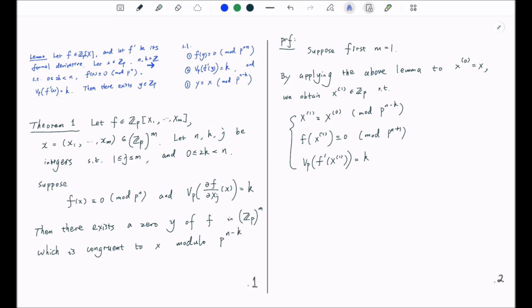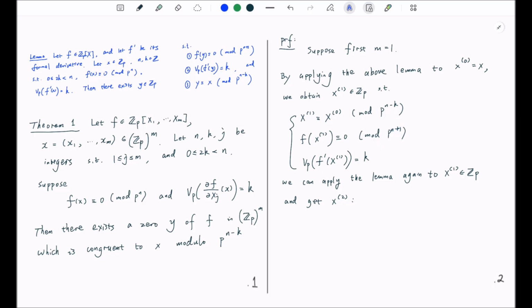And now we're going to apply this lemma again to x superscript 1. And we obtain x superscript 2. But here is a little subtlety. When we change from x superscript 1 to x superscript 2, remember this x1 satisfies that f of x superscript 1 is congruent to 0 modulo p to the power n plus 1.